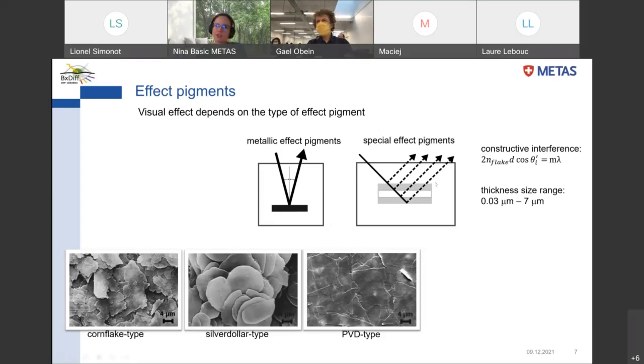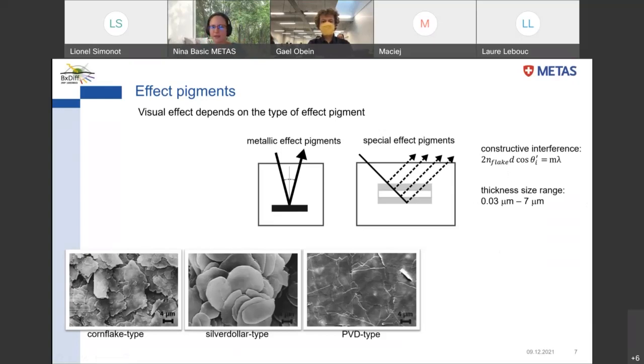And with the special effect pigments, these are the ones that can produce this goniochromatism, where the color also changes when you change the viewing or the illumination angle. And if anyone's interested, these are the thickness size ranges, the typical ones.